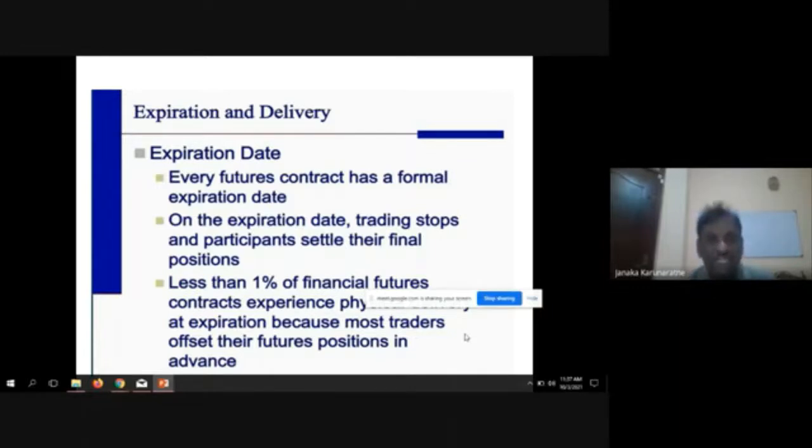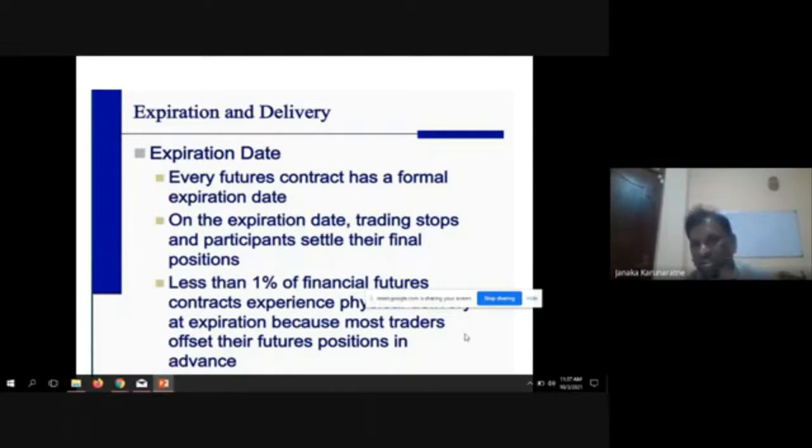The futures contract has a formal expiration date, and on the expiration date, trading stops and participants settle their final positions. Now, let's say I buy a 3-month futures contract on an interest-related instrument maturing on January 3rd. That is the date my futures contract expires.